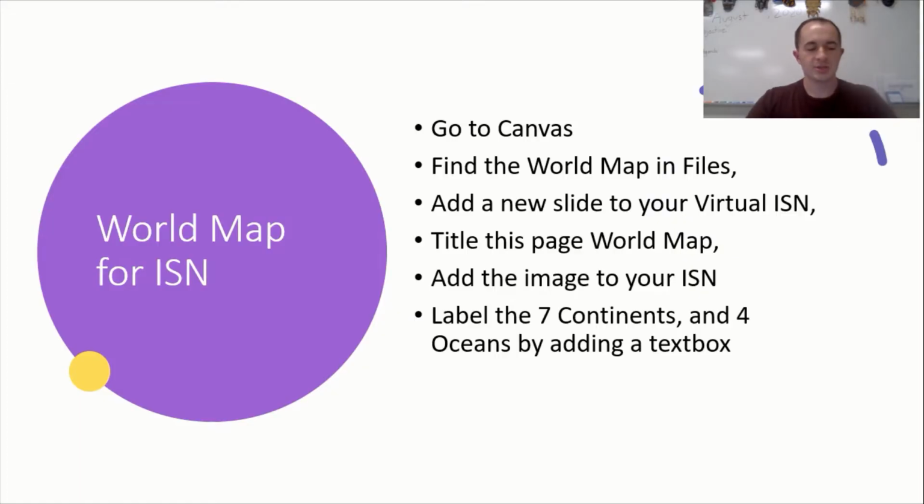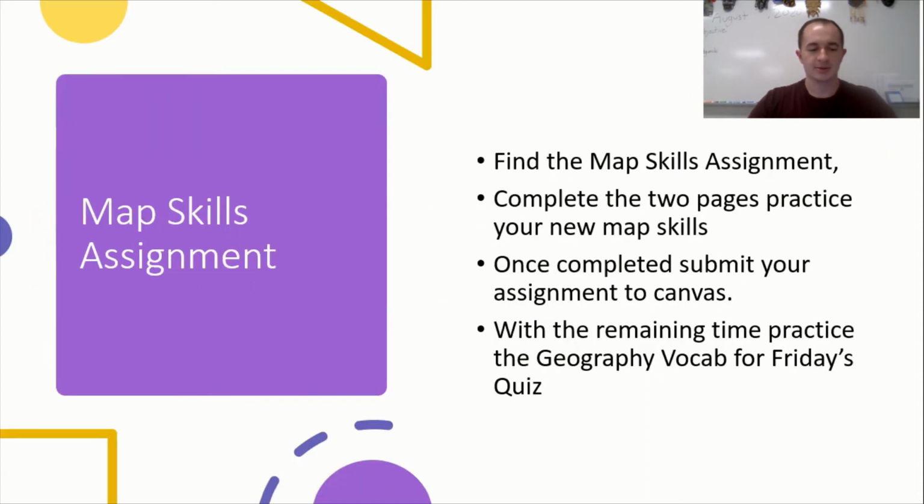Once we have finished the addition to our ISN, so once we have labeled all 7 continents and 4 oceans and made our ISN look nice and pretty, we can go ahead and exit out of that and go onto Canvas and find the map skills assignment. So if you open it up, you can see it's 2 pages.